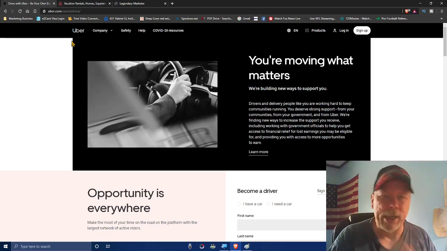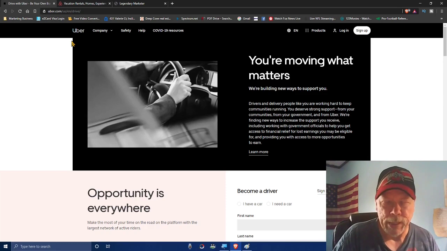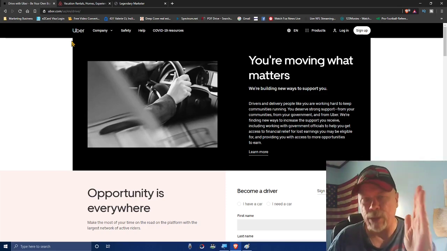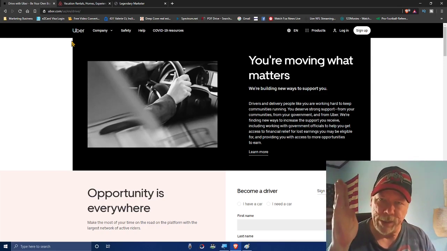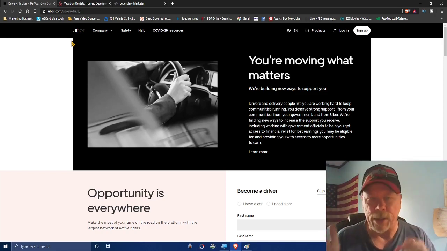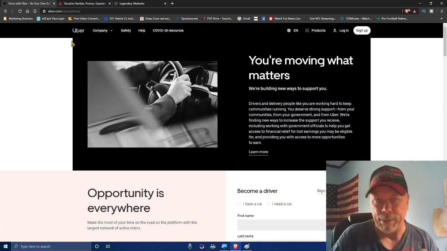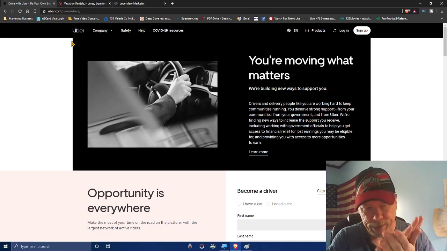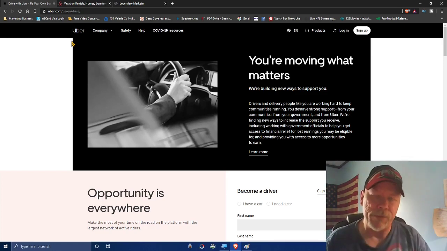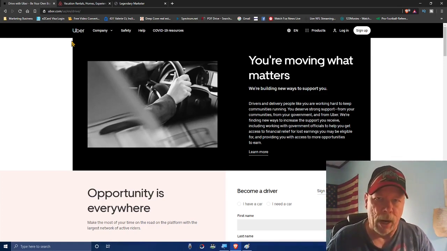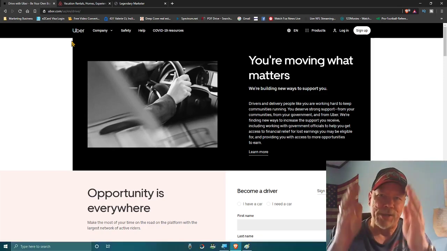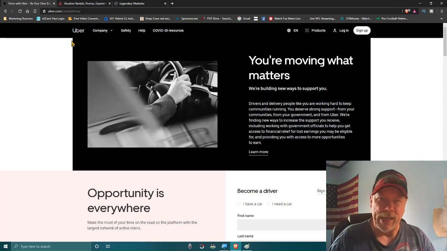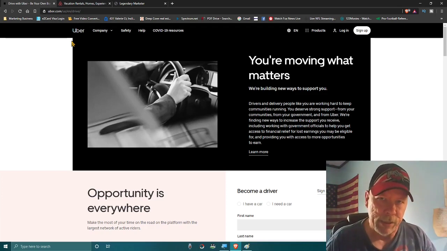They don't own any cars at all, not even one. All they did was create a platform to connect people that need a ride with those that want to drive for Uber and get their ride from point A to point B and back again. They created the application that's used on cell phones and that platform online on the internet, and they're just the middleman connecting the two together. That's all they're doing, and it's a billion-dollar business.